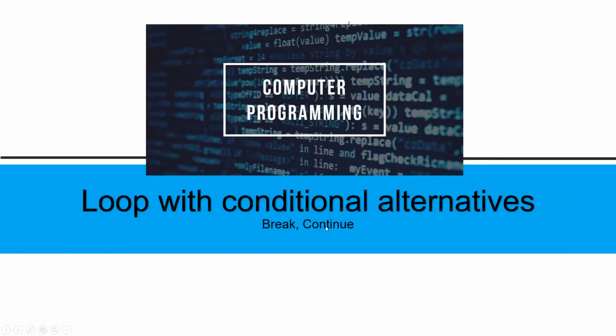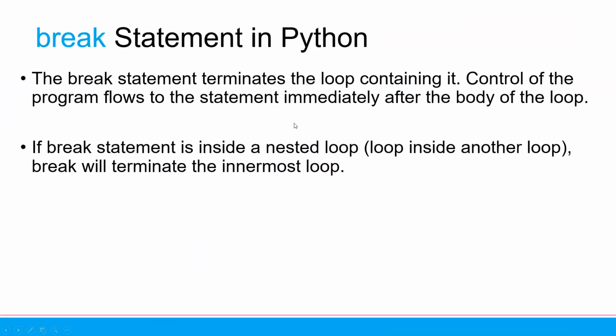Okay. So next, loop with the conditional alternatives. In Python, we have the break statement and we have the continue statement. Break statement means it will terminate or stop the loop.